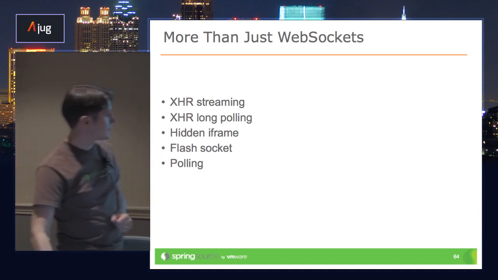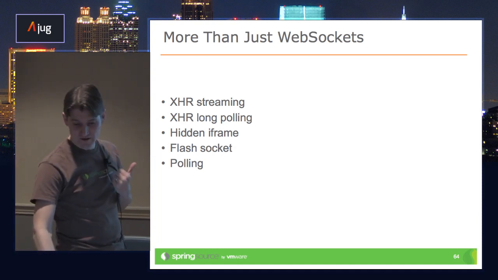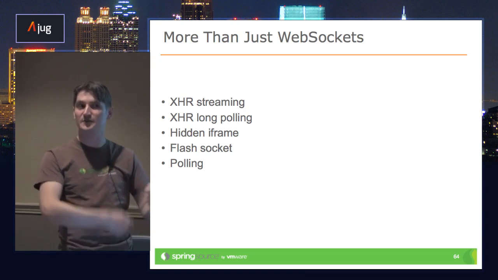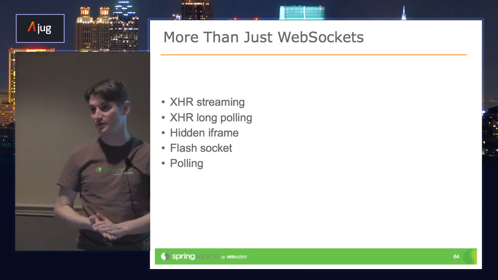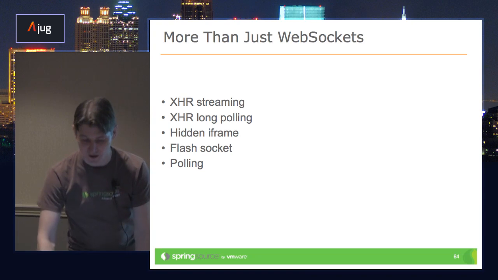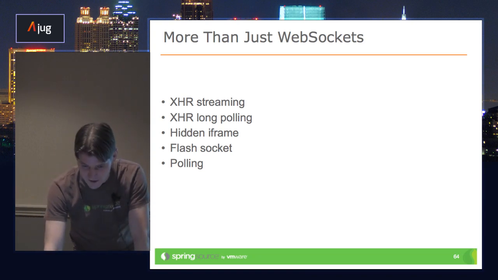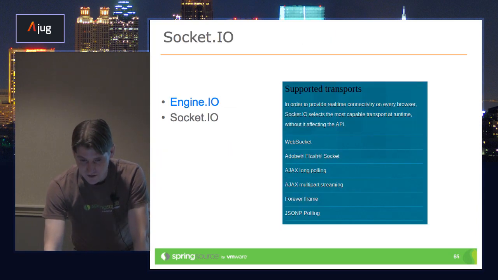So pretty cool. That's the notion that you would probably use something like this rather than possibly the raw WebSocket communication, at least for the time being, before the WebSocket space matures.